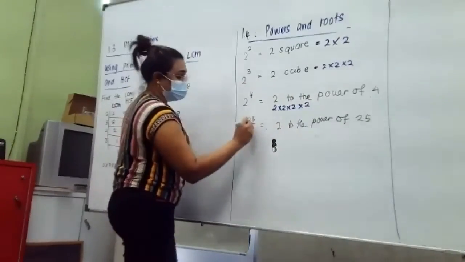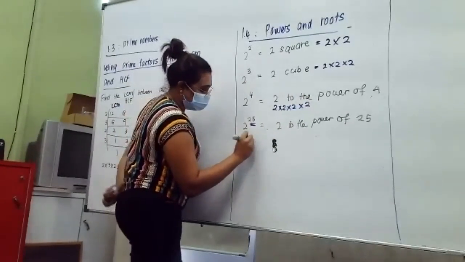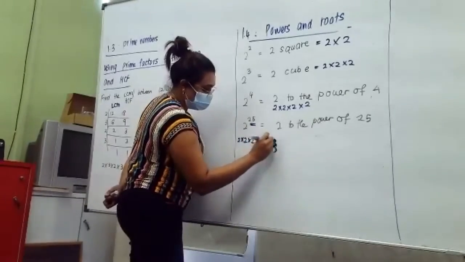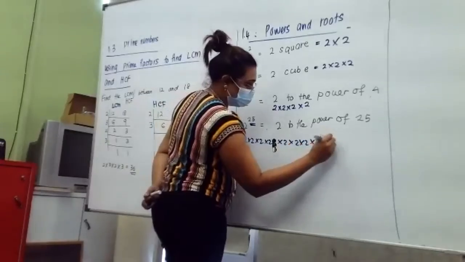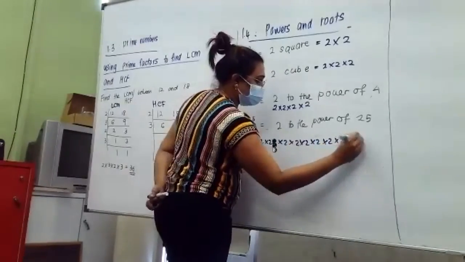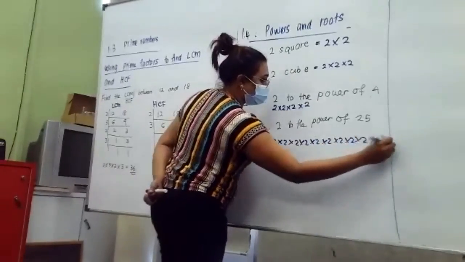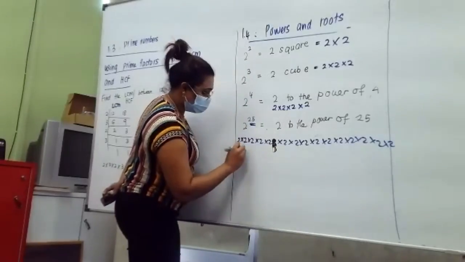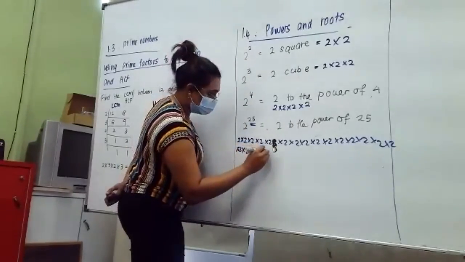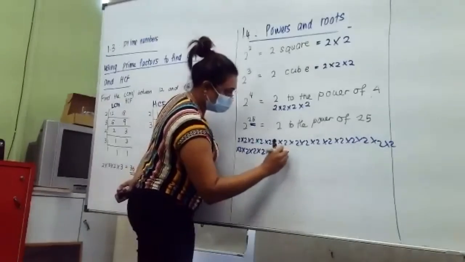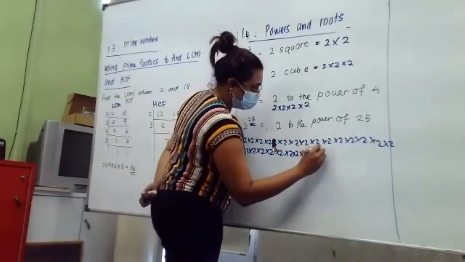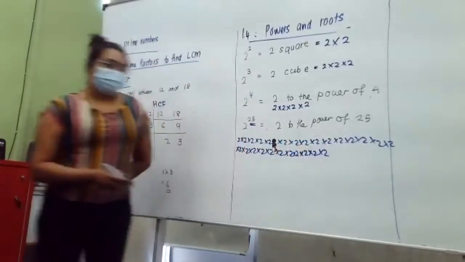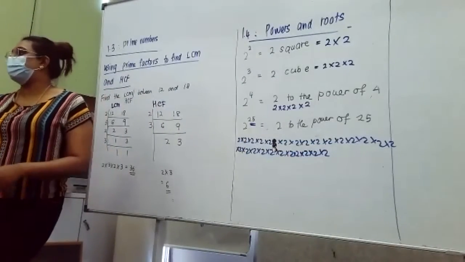So if it's 25, okay, it's actually 25 times of that number.